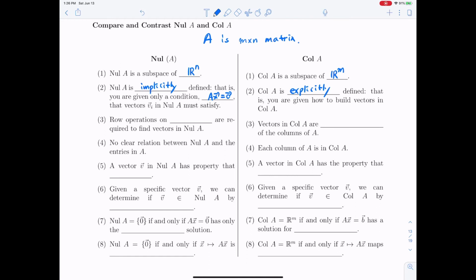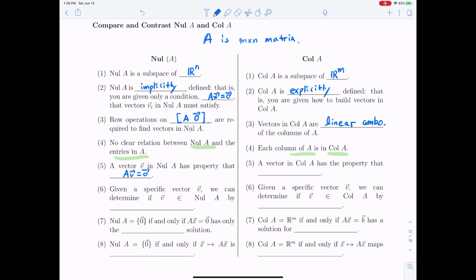So to solve the homogeneous equation, we have to apply row operations on this matrix, simply the coefficient matrix. But vectors of the column space are linear combinations of the columns of A. Well, there's no clear relation between the null space and the entries of A, but indeed each column of A belongs to the column space of A. And the vector in the null space has the property that A times u equals 0.